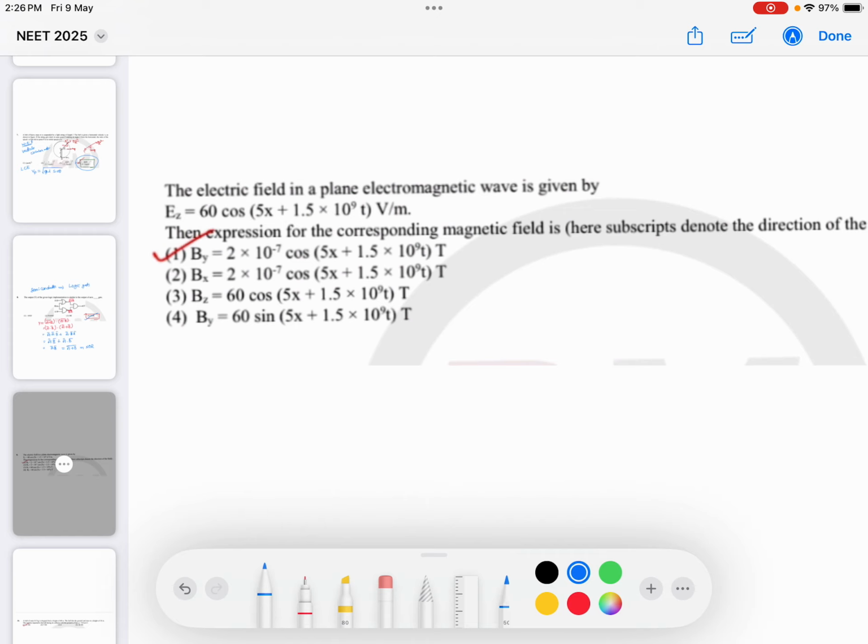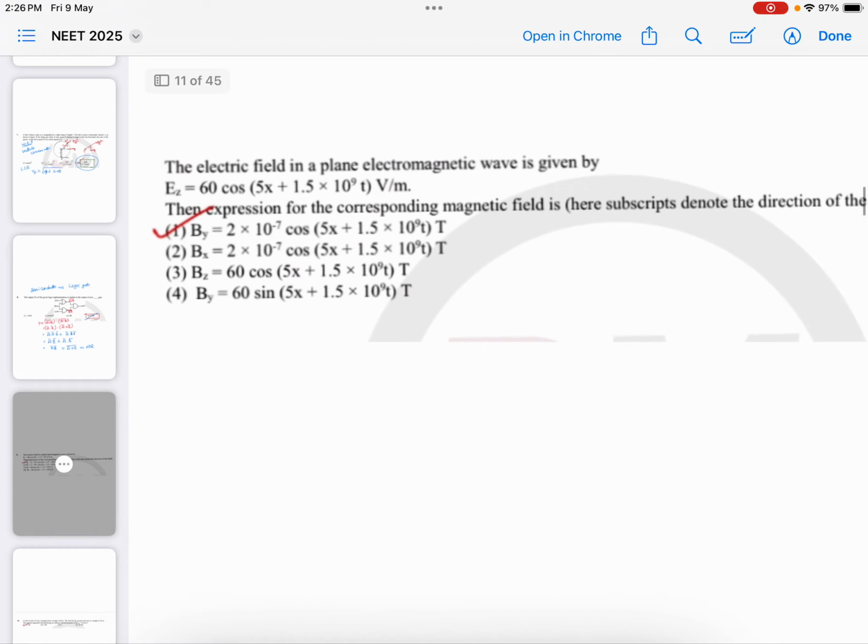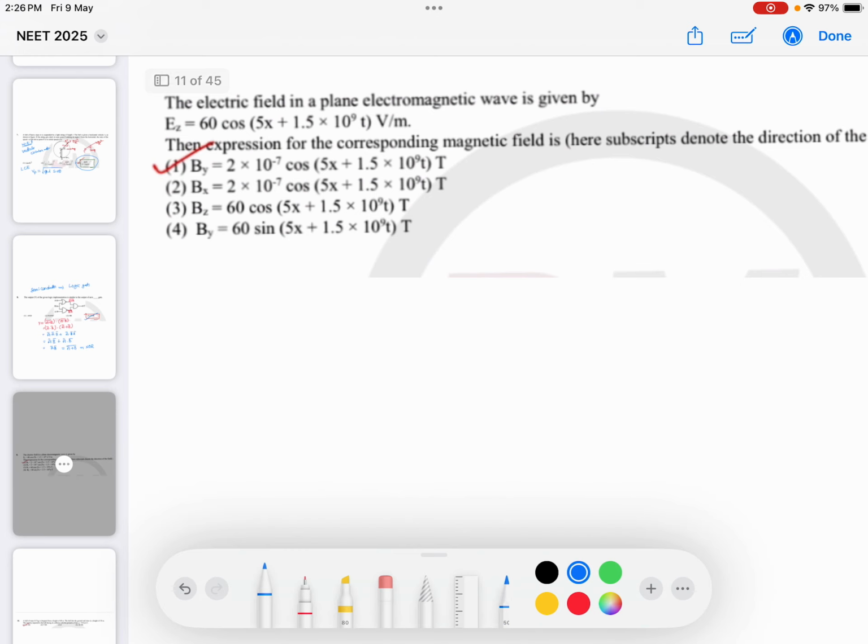According to the wave velocity, V is equal to omega by k. Omega is 1.5 into 10 power 9 divided by k, which is 5. So this is equal to 3 into 10 power 8.